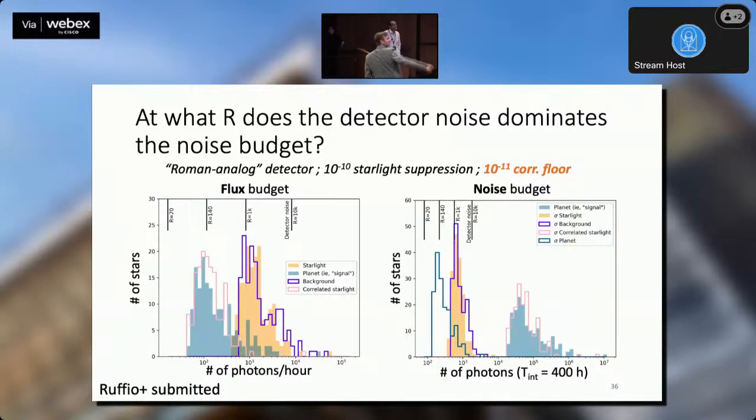And then assuming we spend 400 hours on this, this is the distribution of the number of photons over 400 hours, distributed over the 164 stars. And there's quite a few photons. And per bin, we're not in the photon noise regime. I mean, we have tens of photons per bin, even at slightly moderate spectral resolution. So that's Gaussian enough.